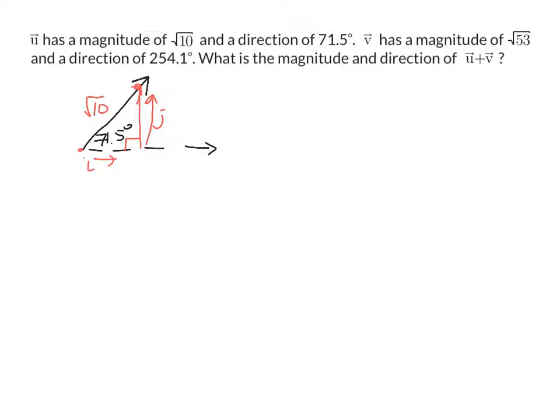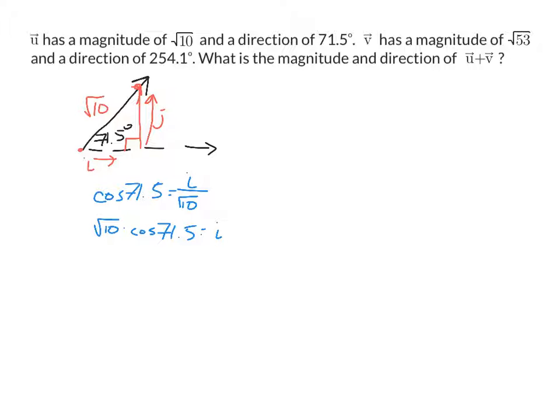And we can say that, for instance, your vector i's length, so that's your cosine of 71.5, would equal i over root 10 based on the Pythagoras or the SOHCAHTOA. So square root of 10 times cosine 71.5 would equal i. And then we'll do the same thing for j.